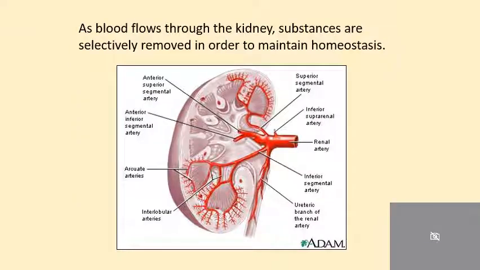In this slide, we see some of the vasculature of the kidney. We are not going to study the anatomy of the blood vessels that deliver blood to all parts of the kidney. I do wish for you to know the renal artery and the renal vein. Notice here that the renal artery quickly branches into smaller arteries followed by arterioles that deliver blood to all regions of the kidney.